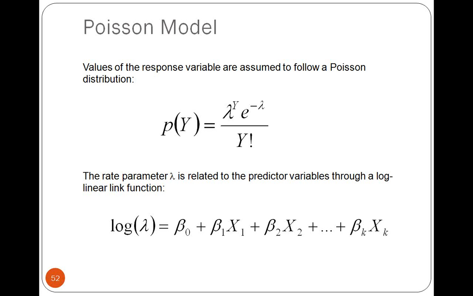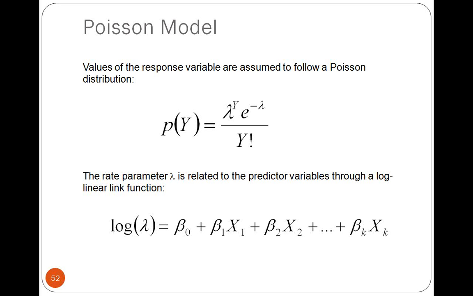We first assume that at any particular combination of the X's, if I took multiple observations, those observations would follow a Poisson distribution. And I've written a basic Poisson distribution, P of Y equals lambda to the Y, e to the minus lambda over Y factorial.